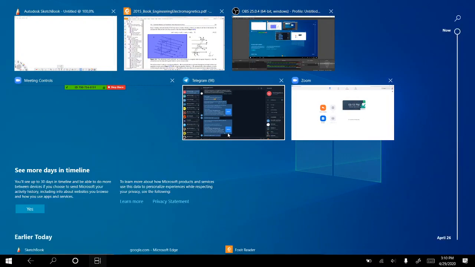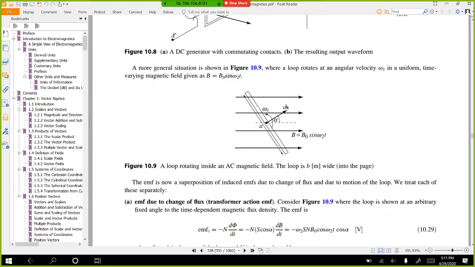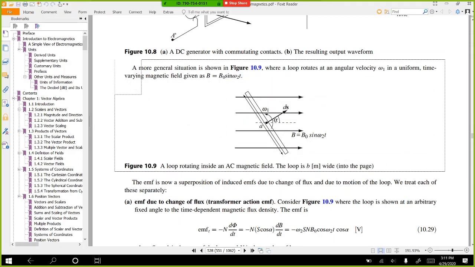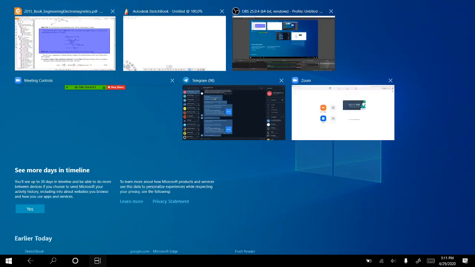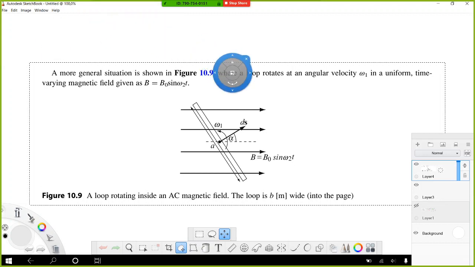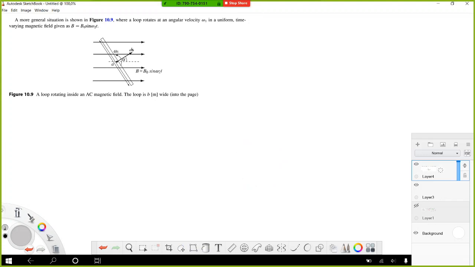If we go to our book, here we have again a loop rotating with the angular velocity omega 1, and the magnetic flux density also changing in time sinusoidally as B0 multiplied by sine omega 2 t.